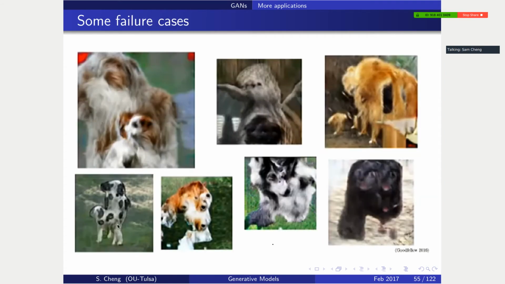But GANs are not perfect. I think many people are trying to tackle this kind of problem. I wasn't keeping track very closely of the current progress, but this definitely is one of the problems.